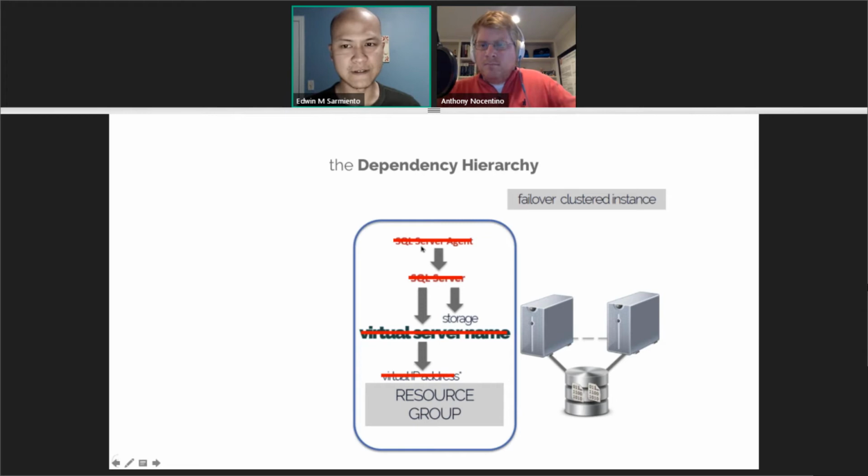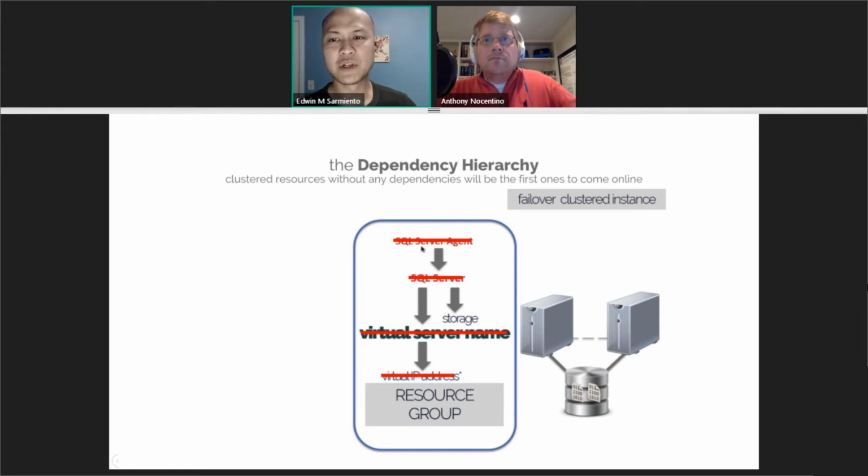failover clustered instances. Now, again, the clustered resources without any dependencies will be the first ones to come online. In this case, the only one that does not have any dependency is the virtual IP address. So imagine this: the cluster went offline, taking the failover clustered instance offline.